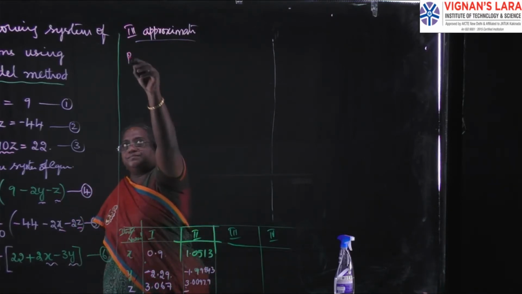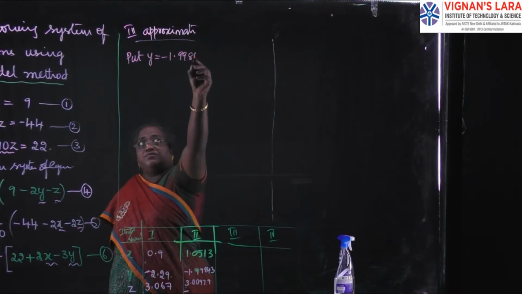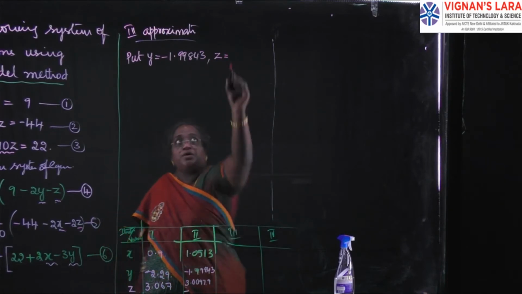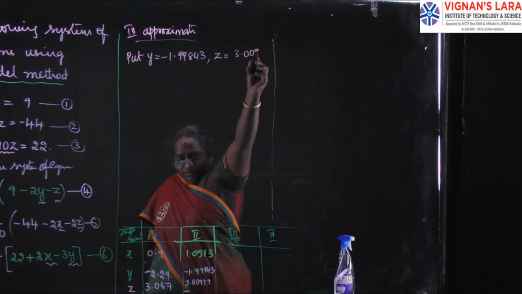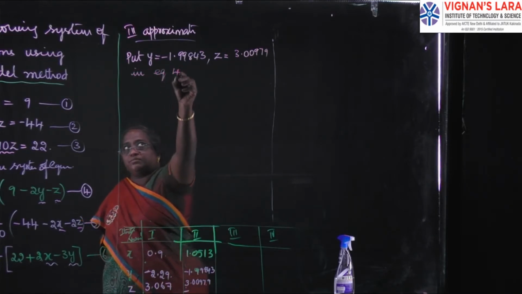Put y is equal to minus 1.99843, z is equal to 3.00979 in equation 4.